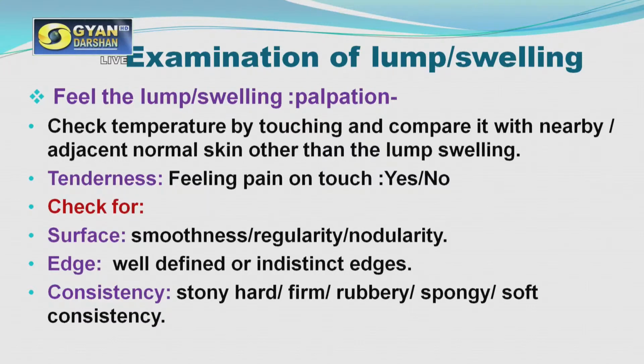Then the edge around the lump, whether it is well defined or has indistinct edges, can be felt. And the consistency of the lump, whether it is stony hard, rubbery or spongy, or it can be soft also.